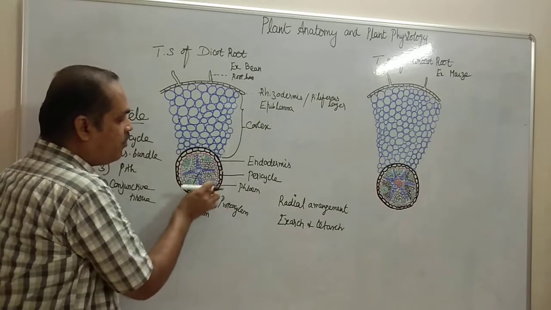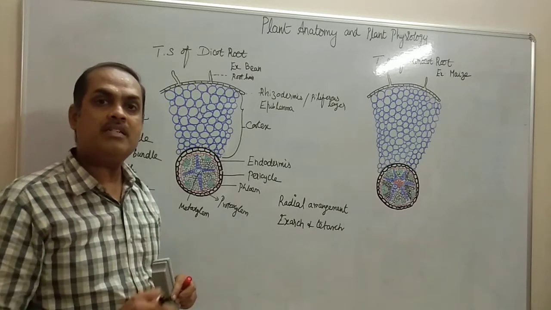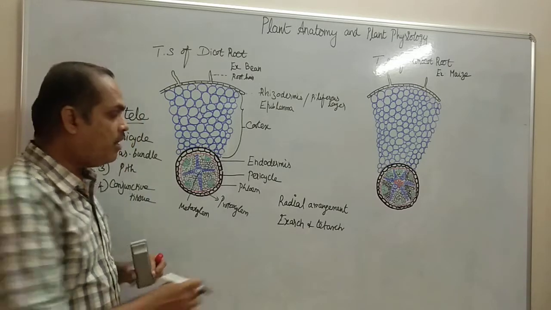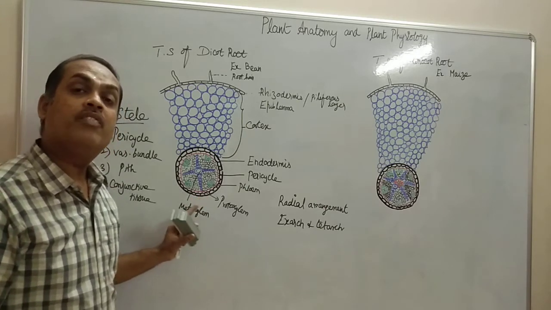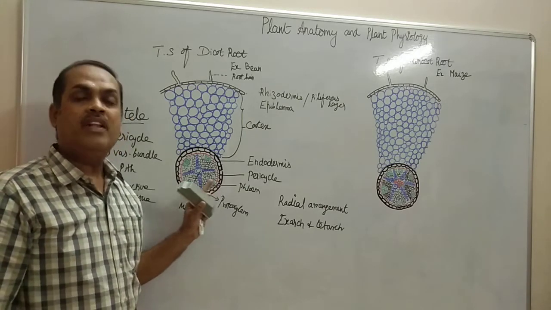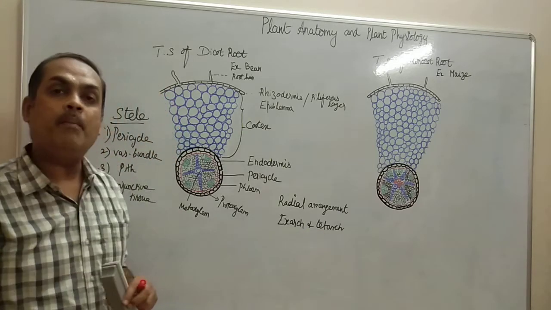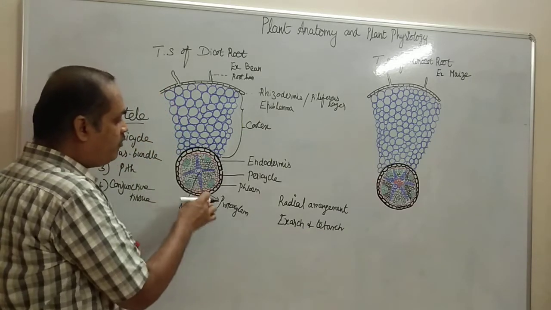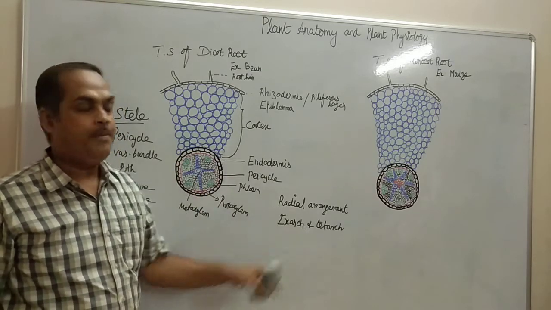All the protoxylem is found towards the periphery and the metaxylem, the bigger xylem, is facing towards the center. Such an arrangement is called exarch. That is, when the protoxylem is towards the periphery and the metaxylem is towards the center, that condition is called exarch. Then what is tetrarch? As you know, tetra means 4. You will be able to see 4 xylem and 4 phloem. So it is called tetrarch condition.